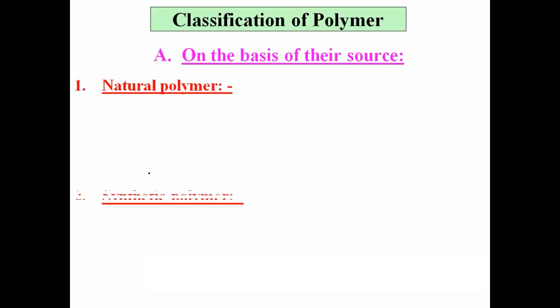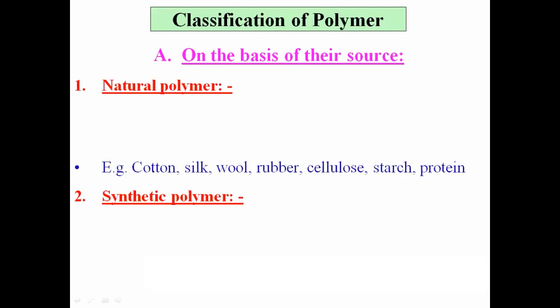Now let us see the classification of polymers on the basis of their source. That means, what is the source of that polymer? On that basis, polymers are classified into two main types: natural polymers and synthetic polymers. Examples of natural polymers are cotton, silk, wool, rubber, cellulose, starch, and protein.